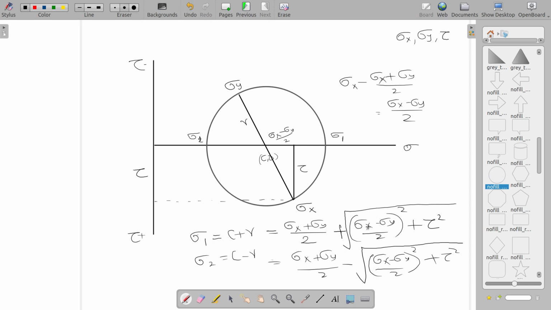That will be square root of one length square plus another length square, for the right triangle, and one of the lengths will be tau, which is shear stress, and the other length will be sigma x minus sigma y by 2. If these are sigma x and sigma y, sigma x minus sigma y by 2 is this distance. So this is how you should remember this equation. And these are nothing but our principal stresses.